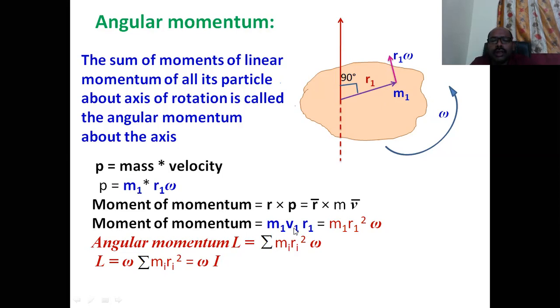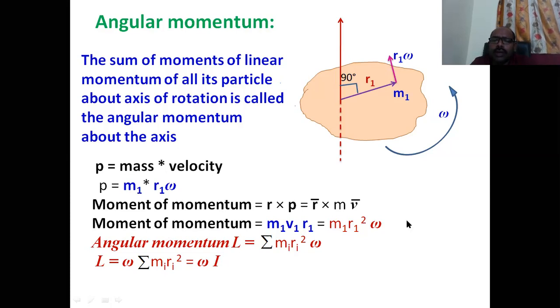So we know that v1 is equal to r1 omega, omega only, not omega 1. So m1 v1 r1, by writing v1 is equal to r1 omega, we are getting m1 r1 square omega. So this is for only one particle, the moment of momentum of one particle.